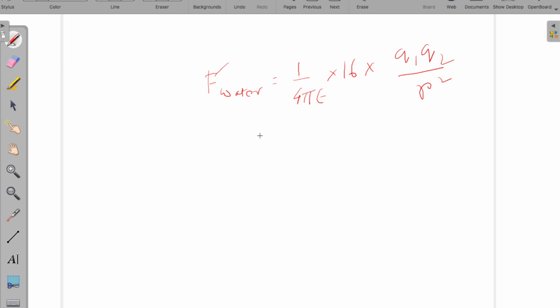Again, we know that the relative permittivity or dielectric constant is given by epsilon by epsilon naught. So from these two, we can write epsilon is equal to k multiplied by epsilon naught.